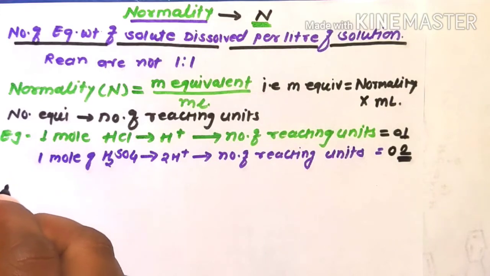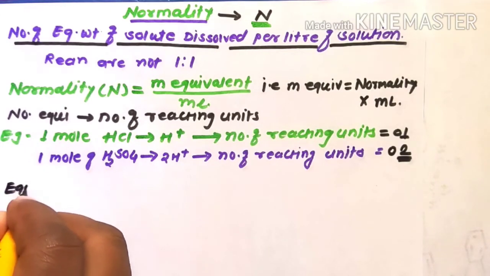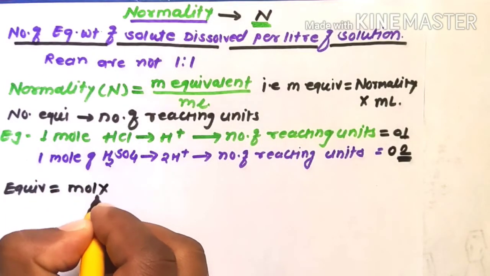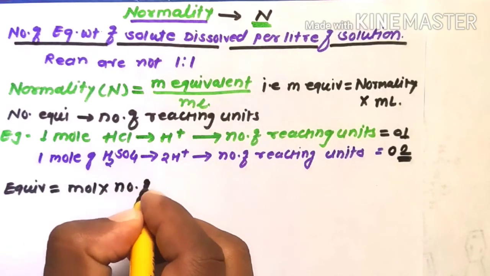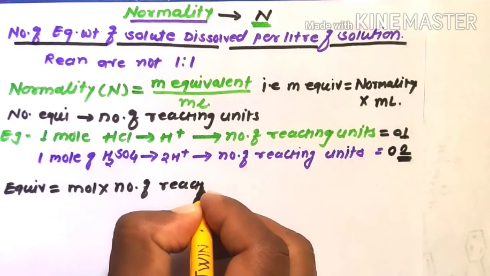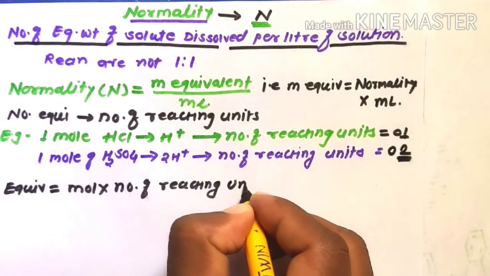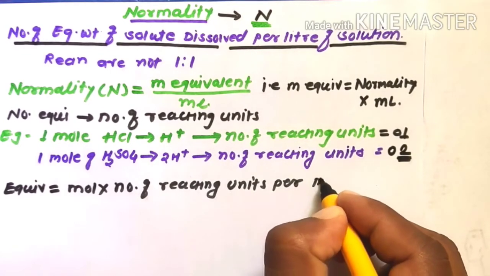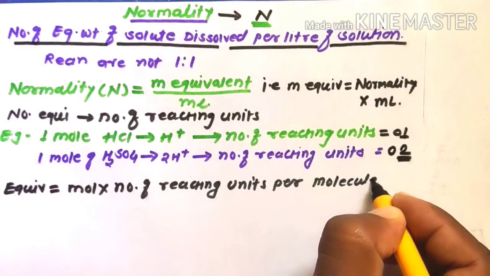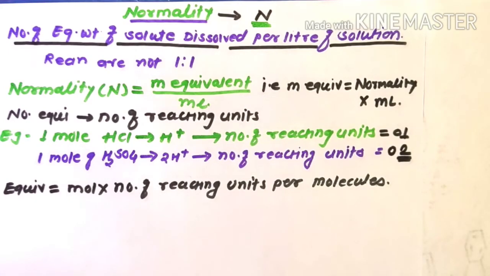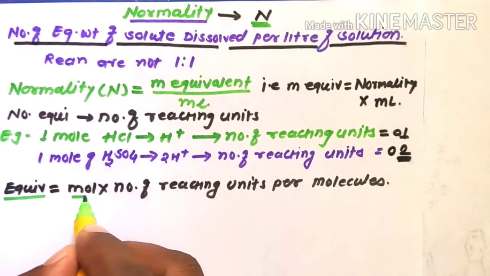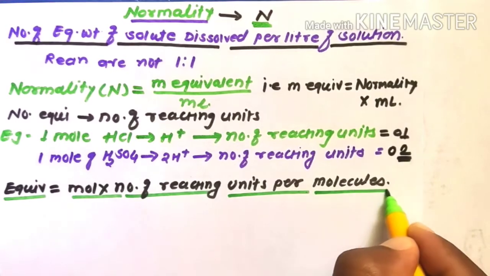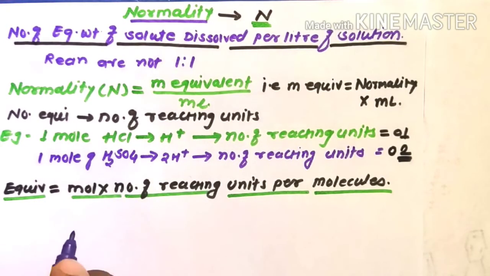Therefore the equivalent is equal to mole into number of reacting units per molecule.